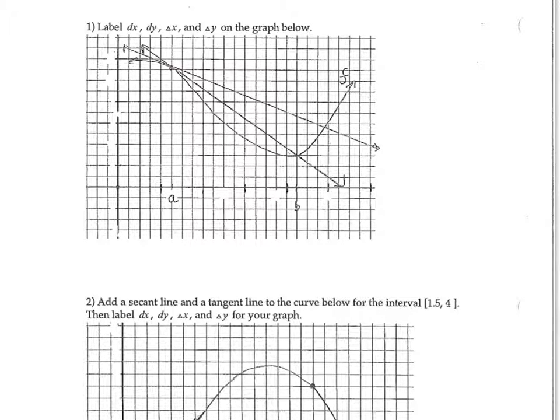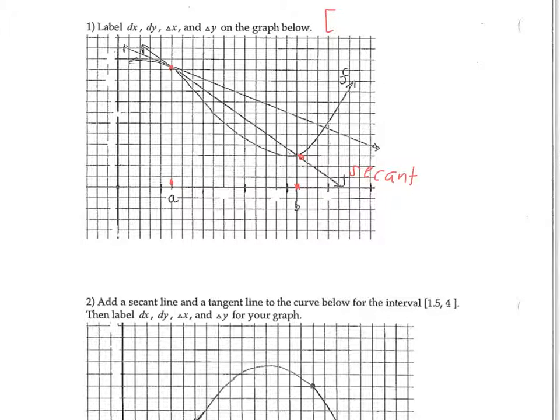I'm going to stick with my color scheme from the previous slide. So this line that goes from this point here to this point right here is going to be our secant line. I know the other line goes through two points also, but I'm taking a look at the x-axis and I have A and B marked off.